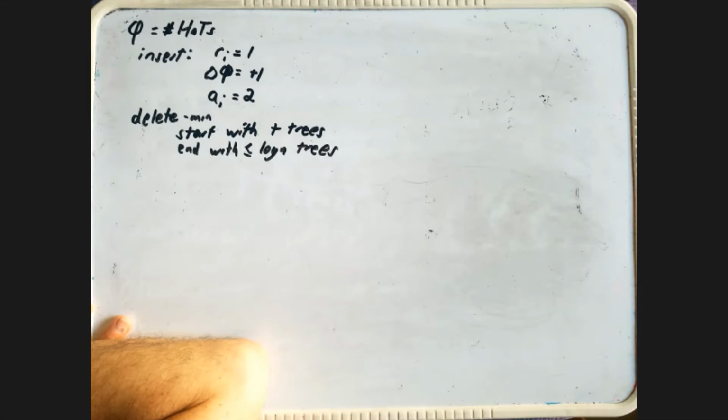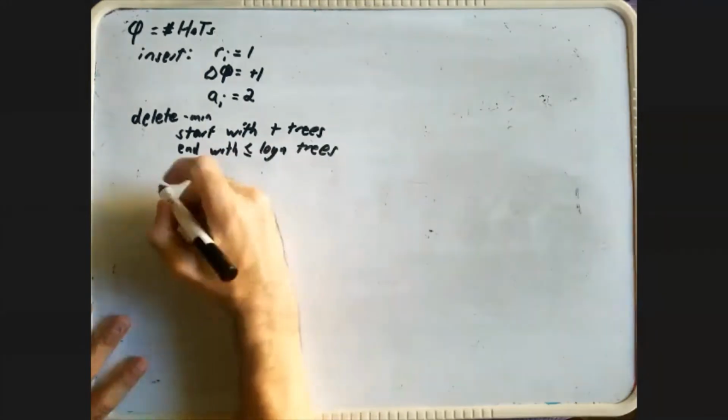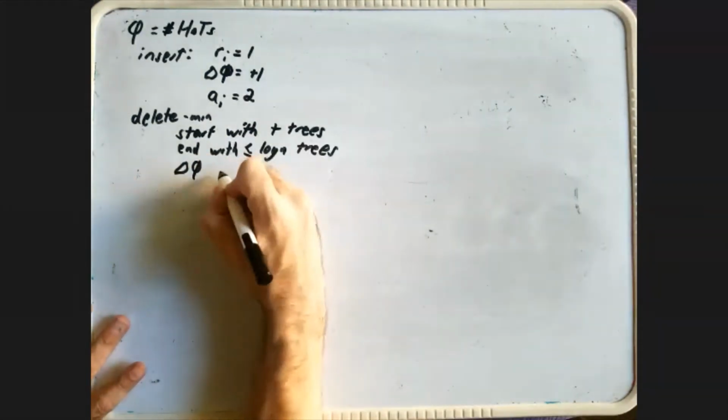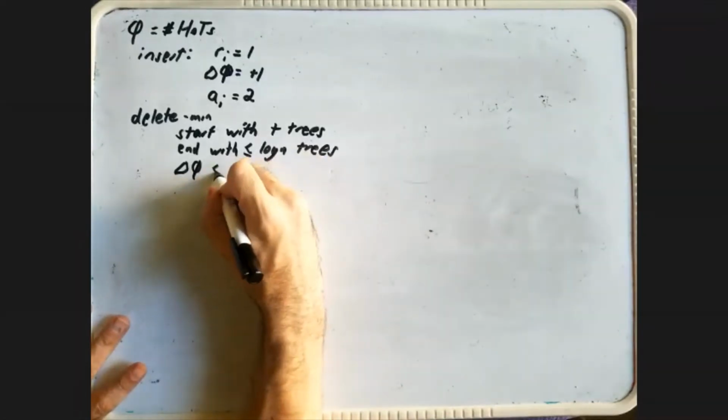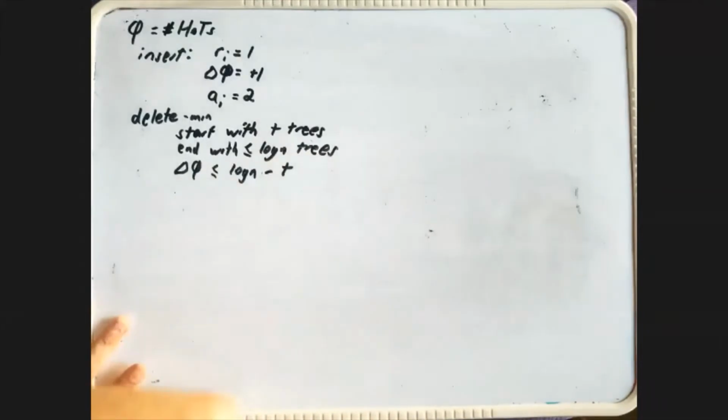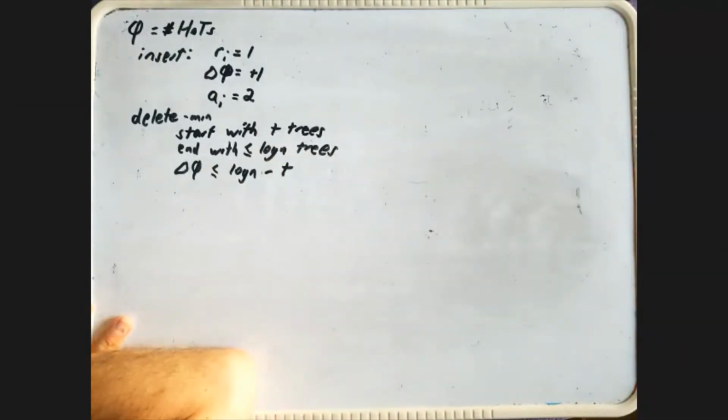There's only 1 tree per rank, exactly. We consolidate by ranks, and we end up with at most 1 tree per rank. So we end up with only log n trees. And that means that the change in potential is at most log n minus the number of trees that we eliminate.